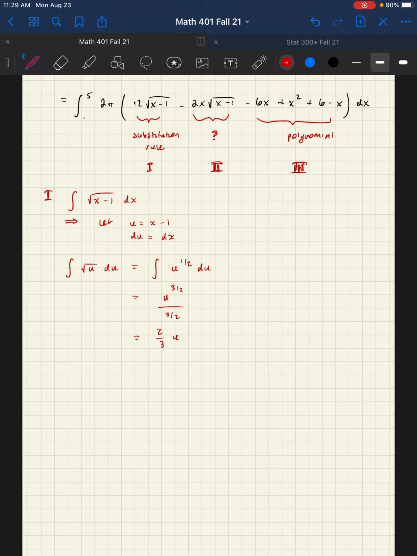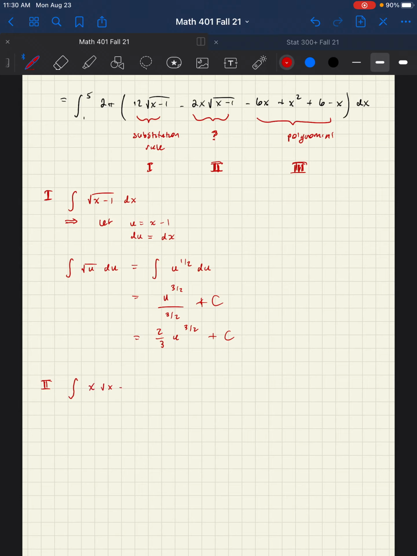So u to the 3/2 over 3/2. But we don't like complex fractions, so we might as well just write that as 2/3 times u to the 3/2 plus c. Now in our case, we have a definite integral. We don't care about the plus c part, but for completeness sake, we should include it. All right, so that takes care of the first integral.